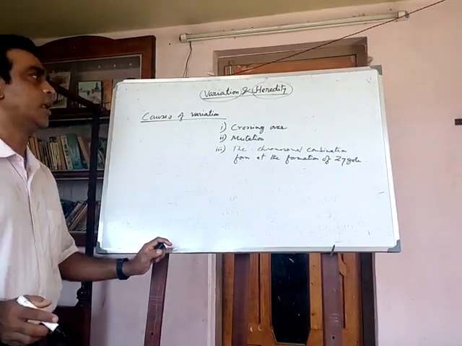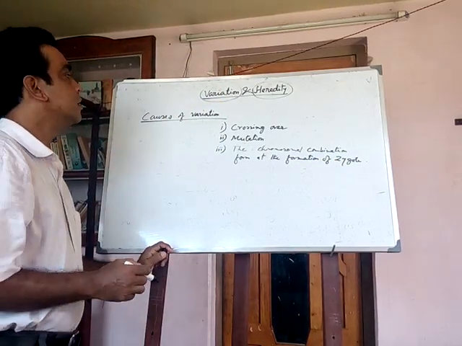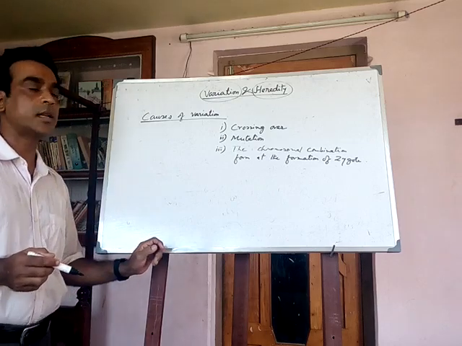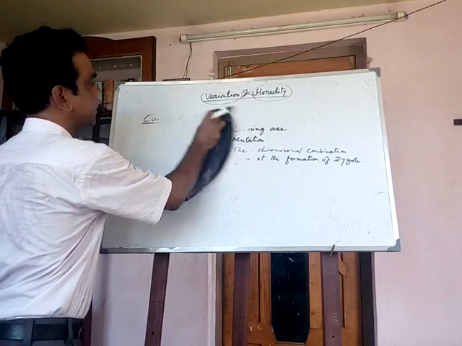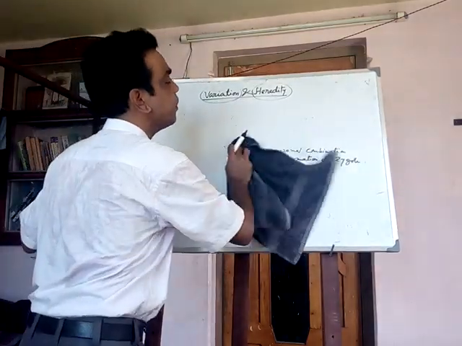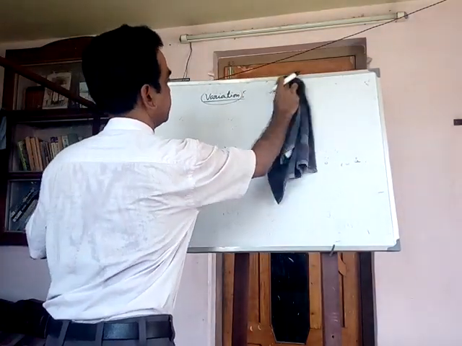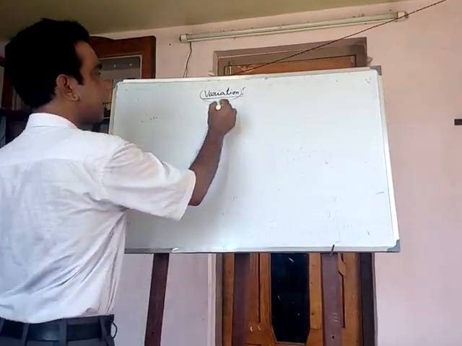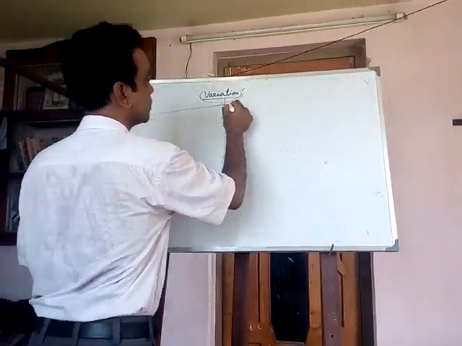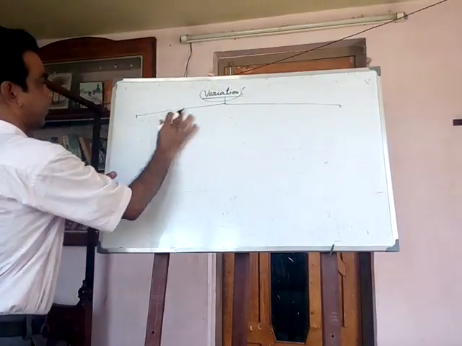Now we have learned about the causes of variations. Now here I represent the types of variations. How many types of variation? There are two types of variations.